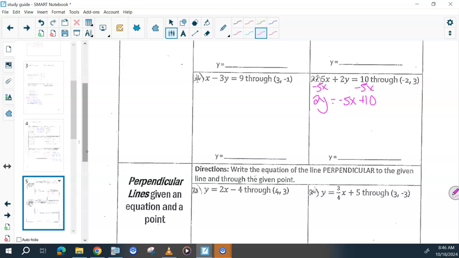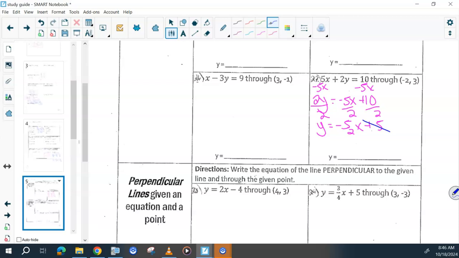Divide everything by 2. So that is my original equation. And now I need to find another equation that's parallel to that. So I'm going to cross out this y-intercept. I don't need it. I do need this slope. It needs to be the same since it's parallel.